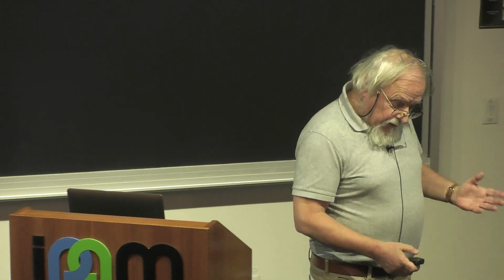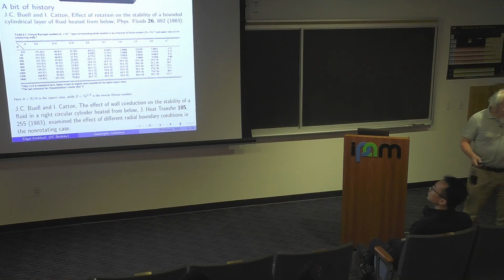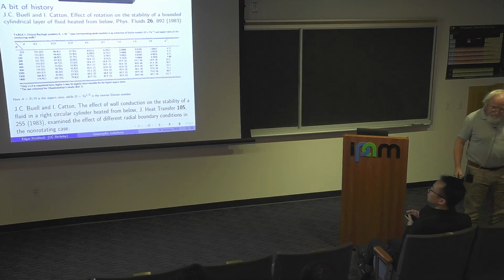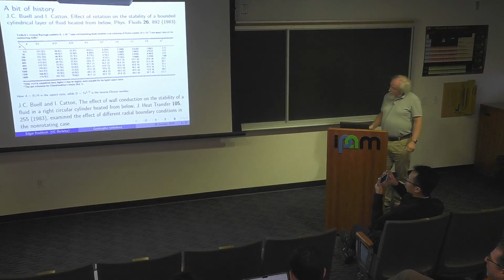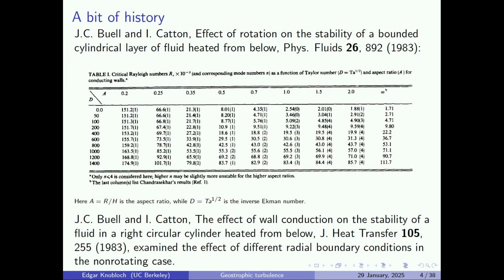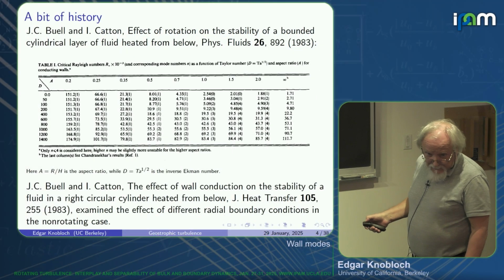And then really the explanation for this was provided in this paper by Buell and Catton. I wanted to mention that because these gentlemen were professors at UCLA, and conceivably some people here might have known them. So this is this paper from 1983. If you look at this table, the numbers here in brackets are the mode number that is observed. This is a numerical calculation of the linear stability problem in comparison with what you get in the infinite domain system.